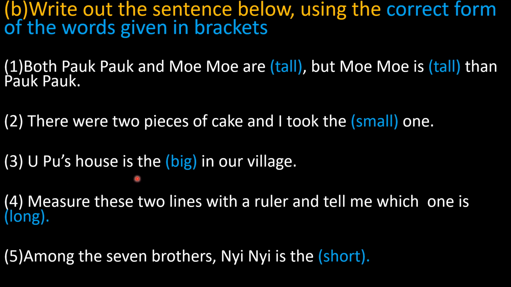Upu's house is the biggest in our village. Measure these two lines with a ruler and tell me which one is longer. Among the 7 brothers, Nini is the shortest.